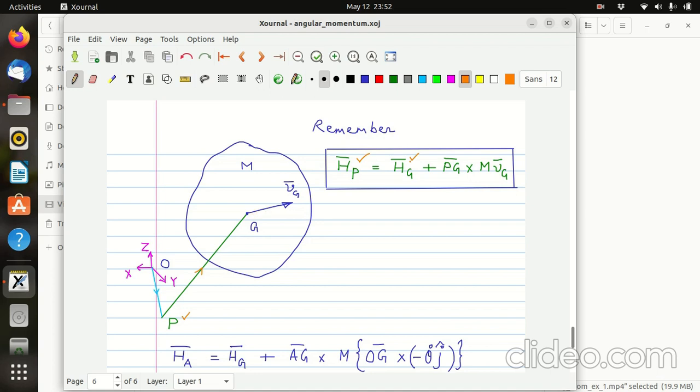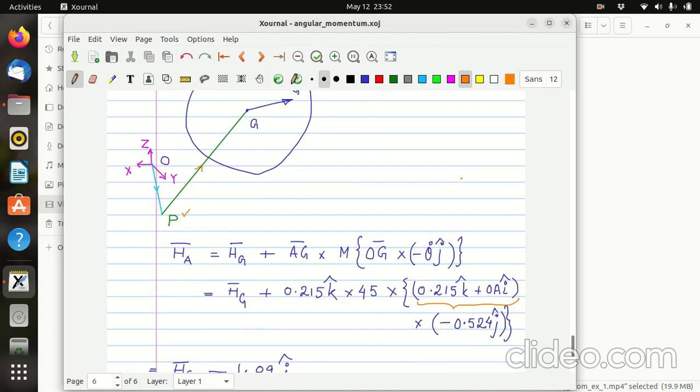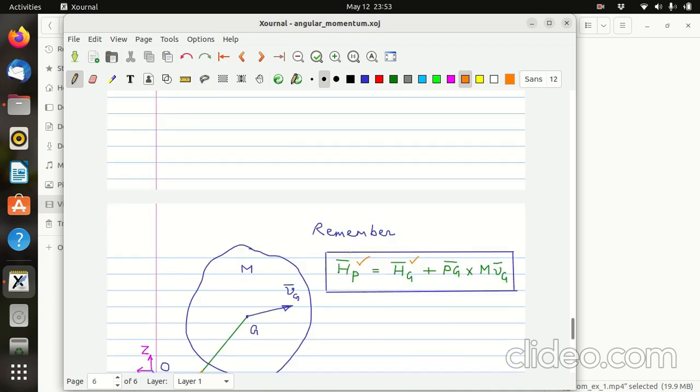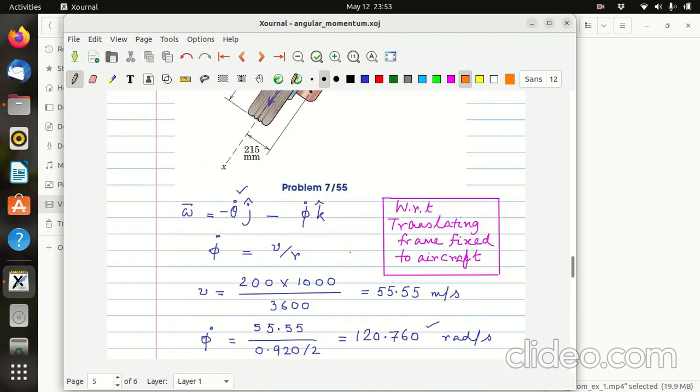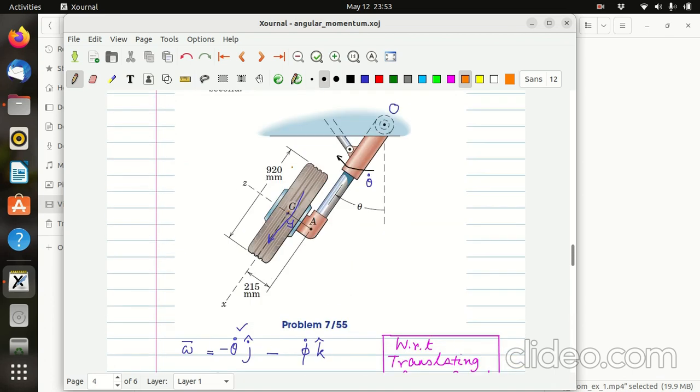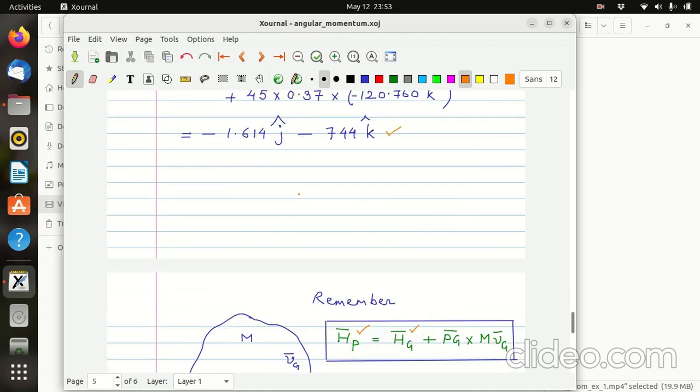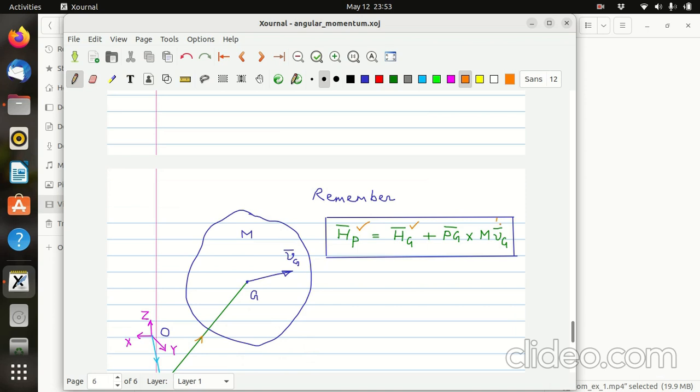So here we know Hg, which we have just calculated. In place of PG we will get AG, because we have to calculate angular momentum about A, and m is the mass. And what is the velocity Vg? Vg is the velocity of the center of mass.